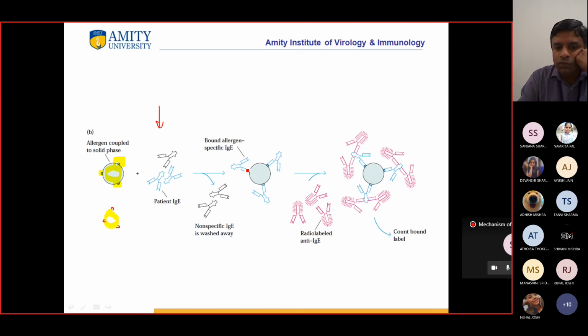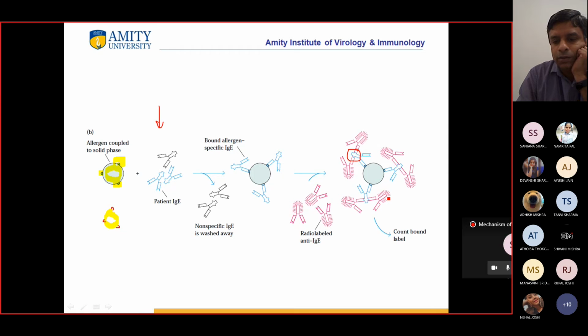And then we will do the washing step and all others will be washed away. Then we are adding the radio labeled anti-IgE. It's the same that we used in the previous test. So it will go and bind to this IgE, right?